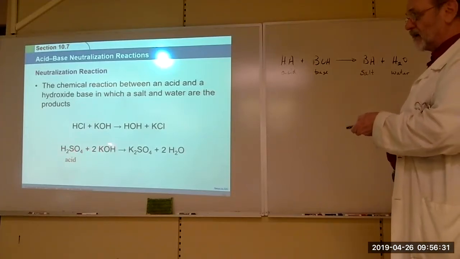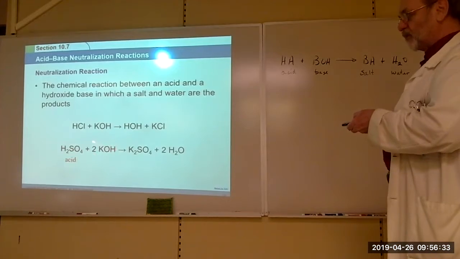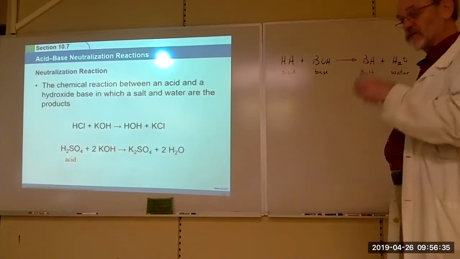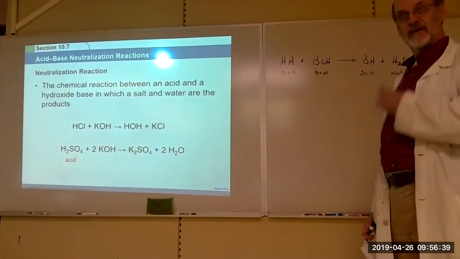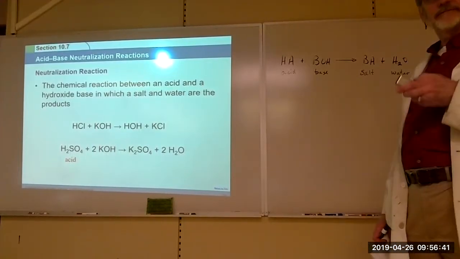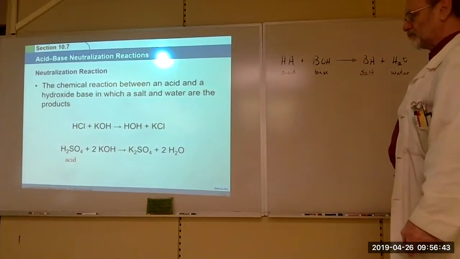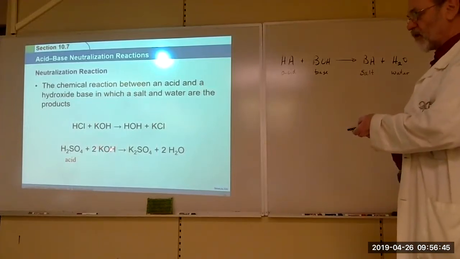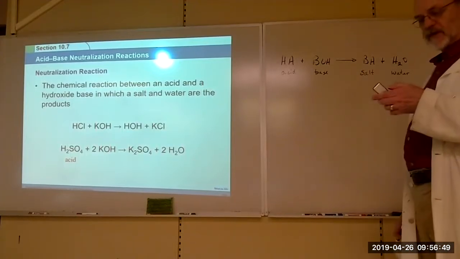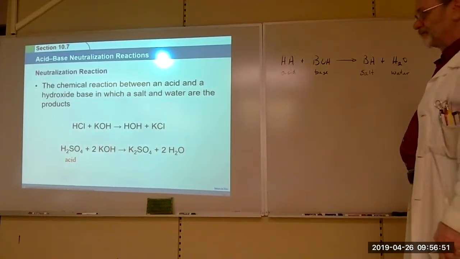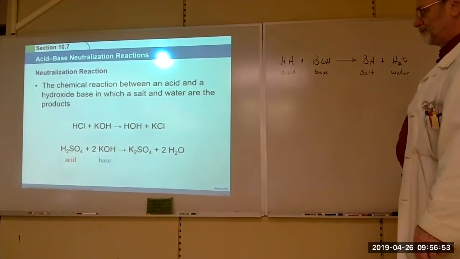This one's acidic, this one's basic. When you put them together in the right proportions, you get a salt dissolved in water, a neutral solution. In this case, because that's a strong base and that's a strong acid, the consequence is a neutral solution. Okay.